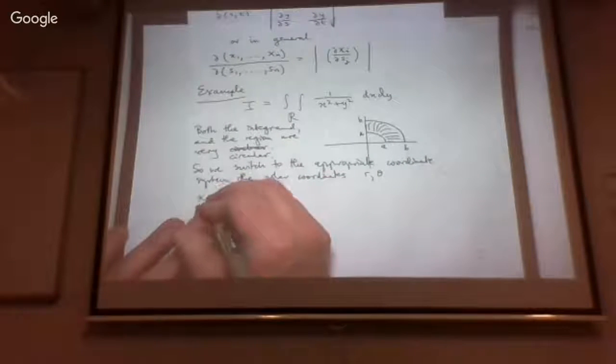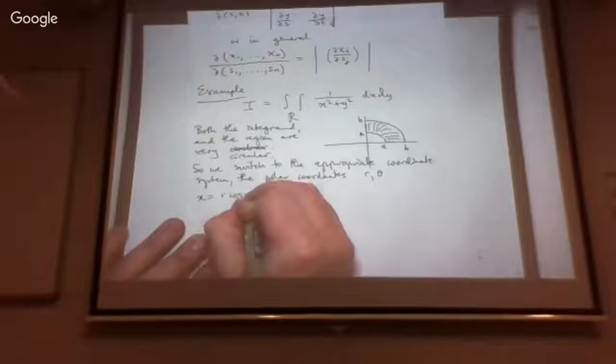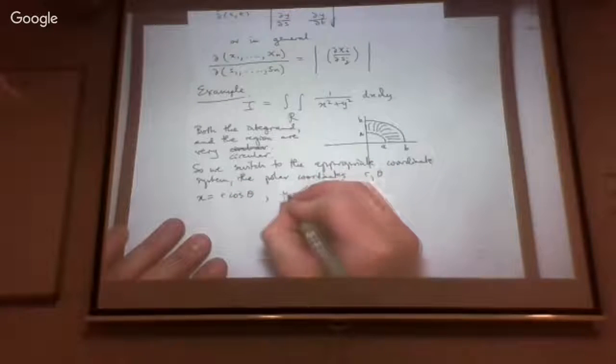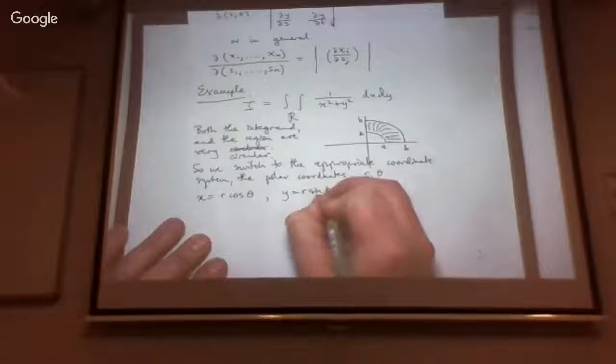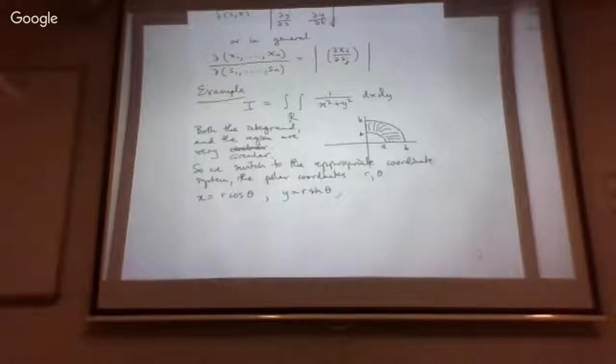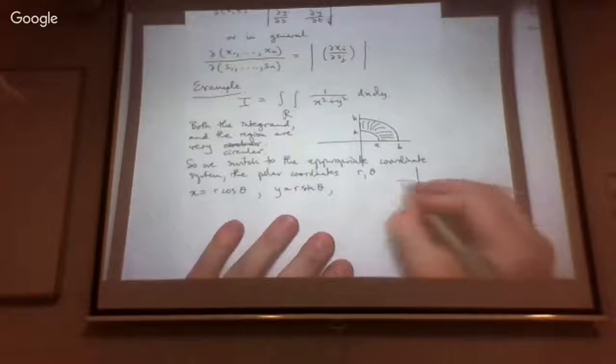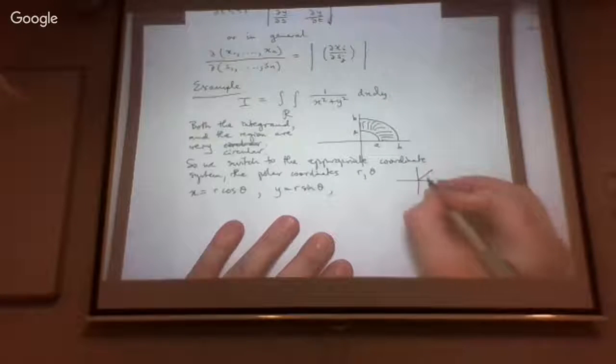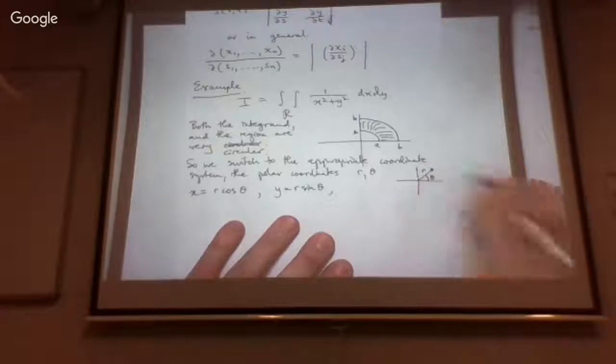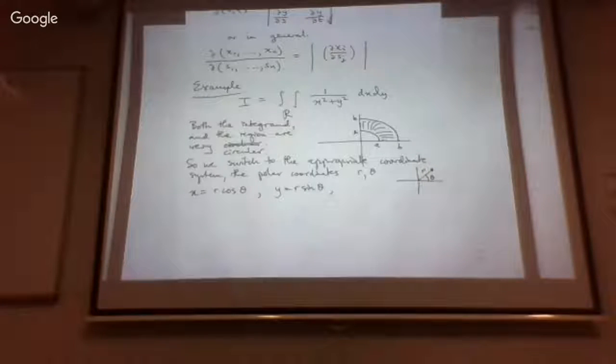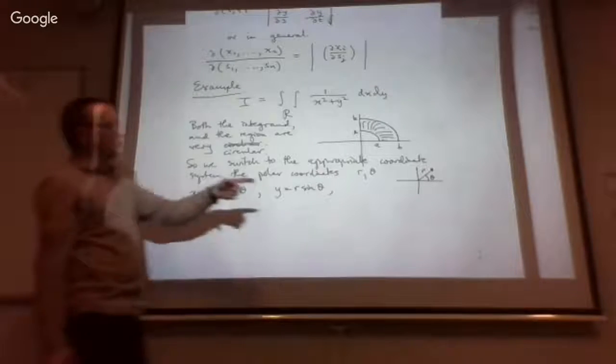Come to the rescue. Now remember, we understand well how to define x in terms of r and theta, and how to define y in terms of r and theta. They're described by those functions there. Remember r theta defines a point by getting its polar angle theta and the length r of the radius out along that radial line until you get to the point.